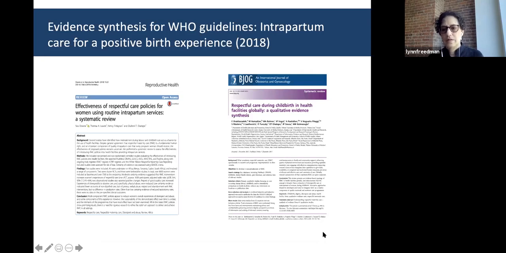And while the evidence was deemed strong enough to recommend RMC, none of this evidence that was found in the literature actually is about the effectiveness of a policy in a national health plan. The policies that Downe et al. reviewed, the studies that they looked at, were entirely facility-based policies.